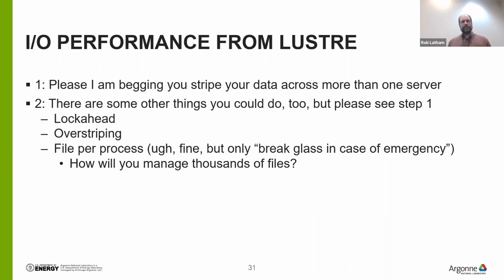So, repeating the question, what is the ideal stripe size and stripe count? I've got to say that actually can be a little bit tricky to come up with. Let me get back here a little bit on the curves.